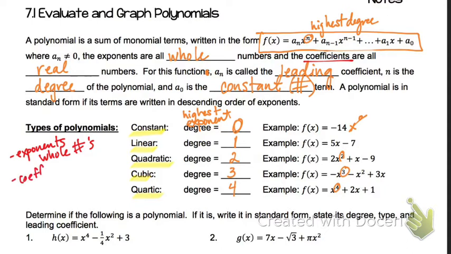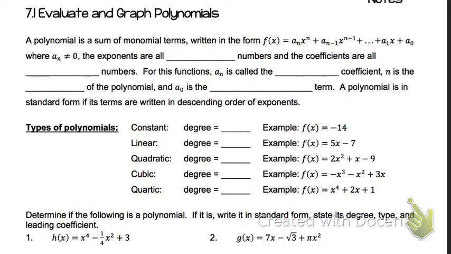So in the linear one, 5 would be my coefficient, 2, negative 1, 1. Coefficients must be real. So we just don't want any imaginary numbers in there. Those are the two things that we're looking for.